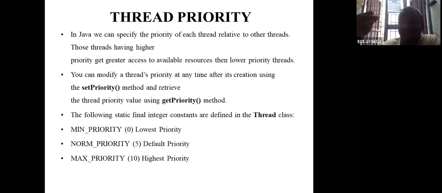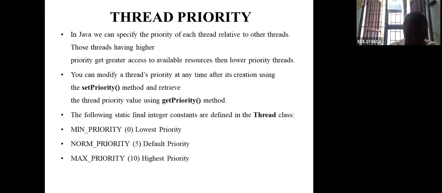One is called a time slicing scheduler. The second one is called preemptive. Preemptive depends completely upon the priority, and time slicing depends completely upon slicing the time.